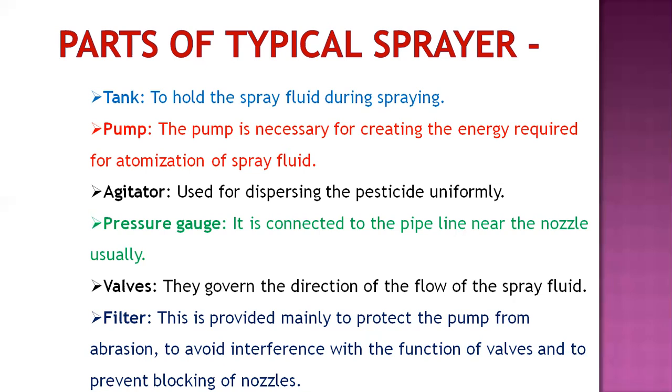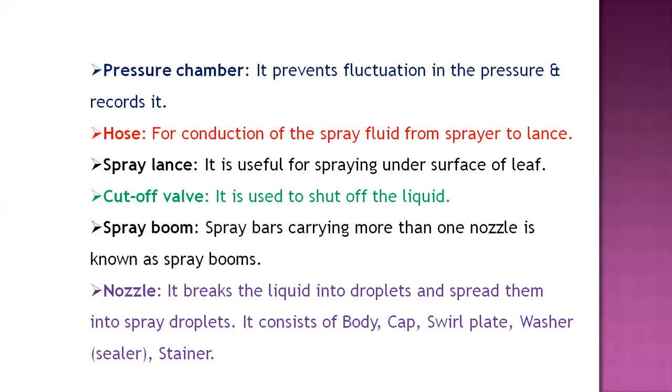The filter prevents solid particles, mainly to protect the pump from abrasion, to avoid interference with the function of valves and to prevent blocking of the nozzle. It is also provided at various points such as the filler opening, suction line opening, lance and nozzle. Now the next, the pressure chamber. The pressure chamber prevents fluctuation in the pressure. Hose is for the conduction of the spray fluid.